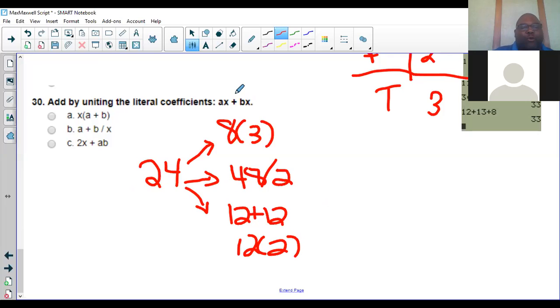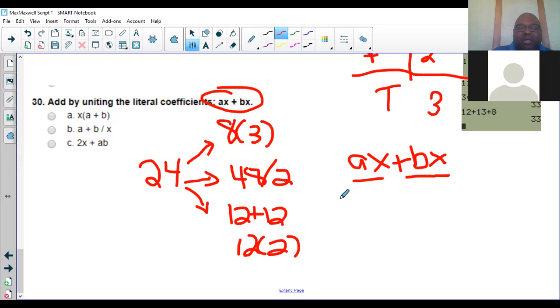So the question now is, what are the factors of ax plus bx? Well, x. So if I took ax plus bx, and I know x is a factor, the opposite of multiplication is what? Division.